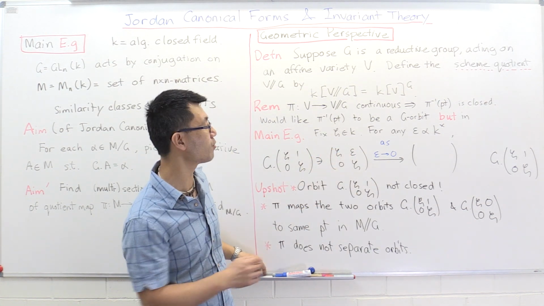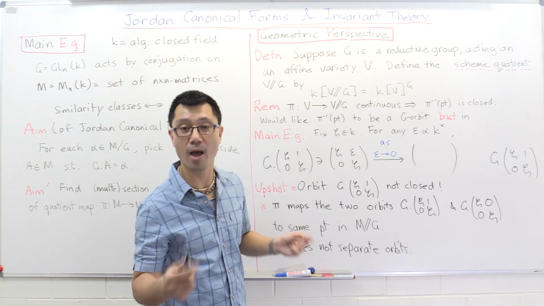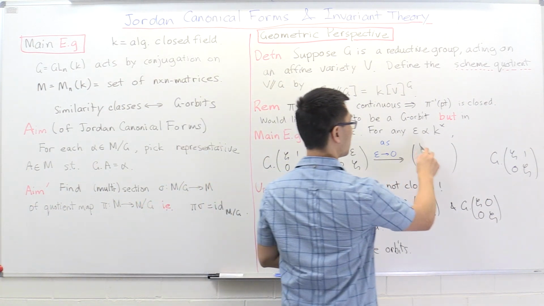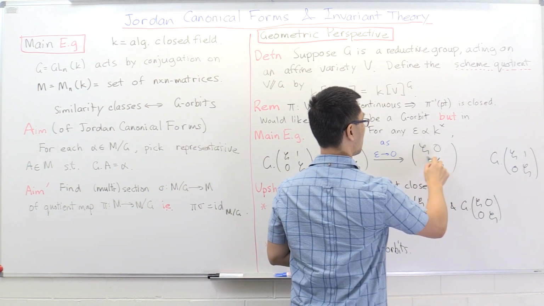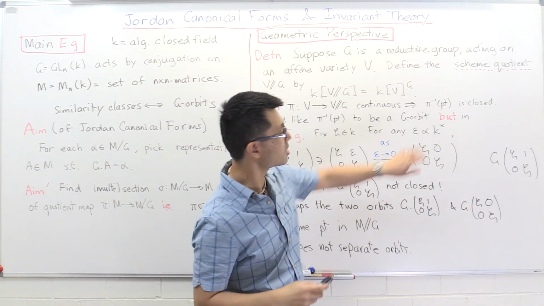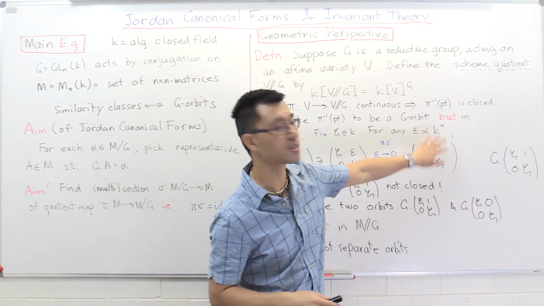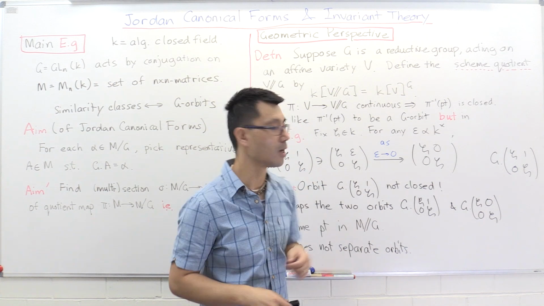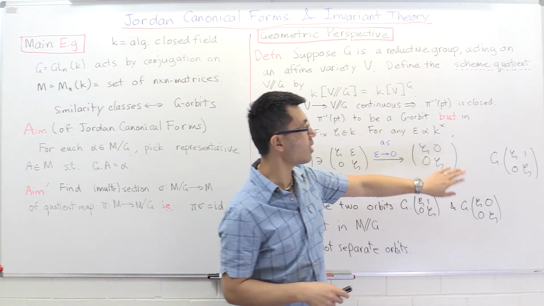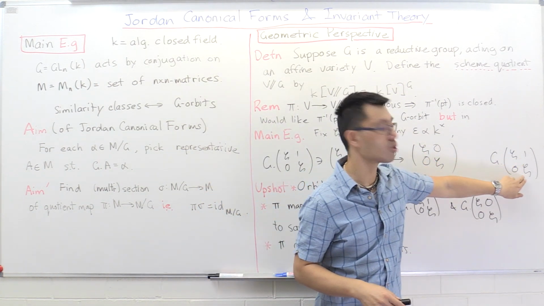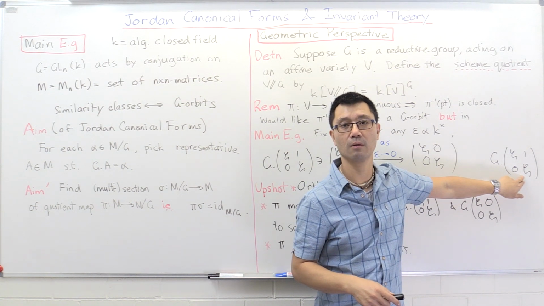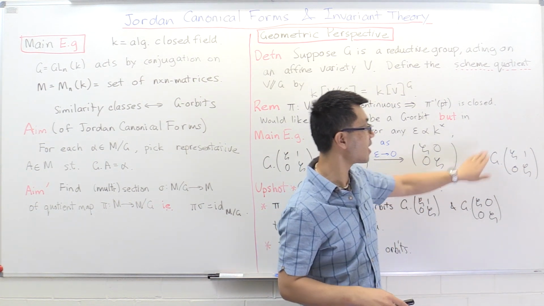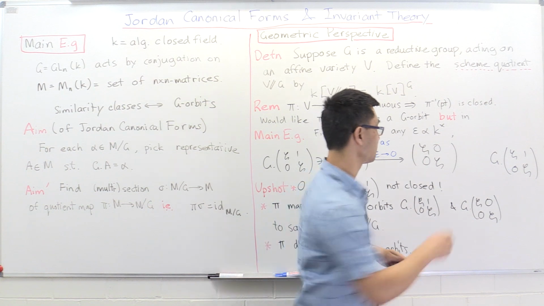That's easy enough. So we just replace the epsilon with 0, and what do we get? You get this scalar matrix. Okay, this is a scalar matrix. And of course, being diagonalizable means that it's not similar to this Jordan form here. Okay, so that means that it's not in this G orbit.